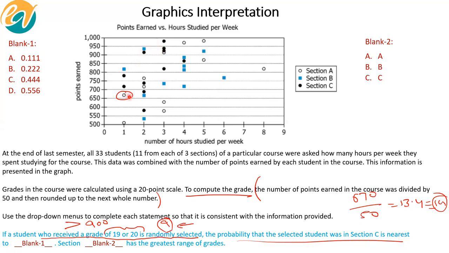Correct? 4 of them are in section C. Now, how do you find probability? Only one formula: number of ways in which the desired outcome can happen divided by the total number of possible outcomes. The desired outcomes are 4 and the total possible outcomes are 9. So the probability is 4 by 9, which is 0.444.